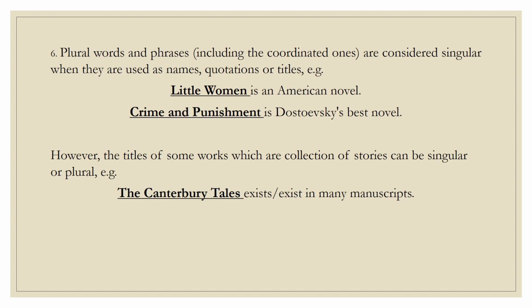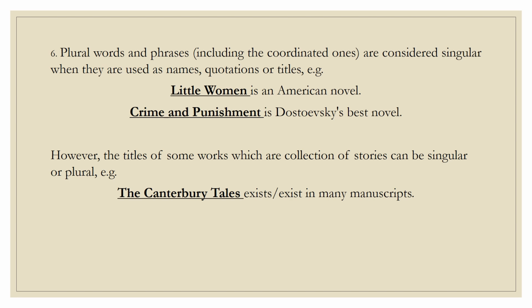They have a plural S at the end, but we are going to consider them as singular. Why? Because they are used in a sentence to refer to the name of something, to a title, or as a quotation. In this way, you are going to deal with them as what?